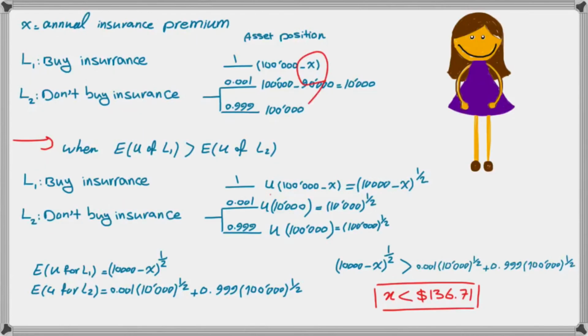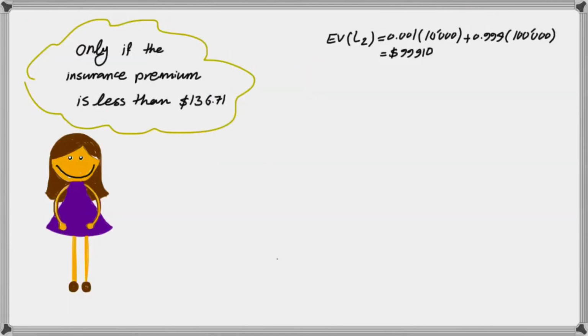Let's put that X here, 136.71, and calculate the expected value of each of these lotteries. The expected value of the second lottery becomes 0.001 multiplied by the possible outcome, which is $10,000 cash, plus 0.999 multiplied by $100,000, and that becomes the expected value of the second lottery, which is not buying the insurance.